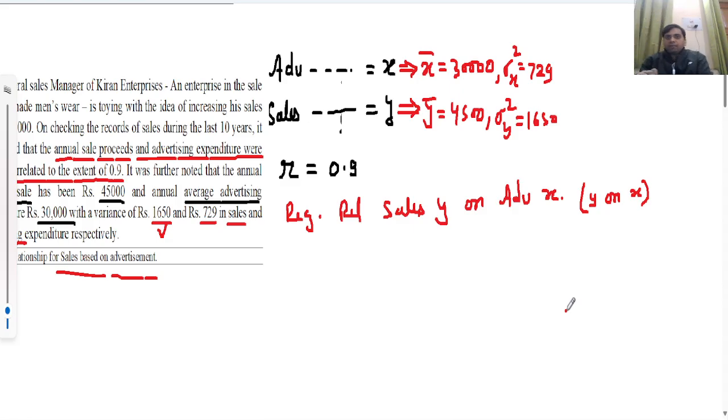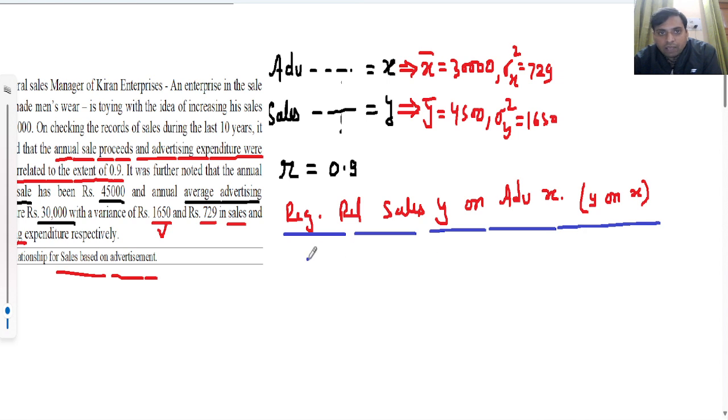So in this case, we have y bar, x bar, we have r, we have sigma y, we have sigma x, and we don't have data in the form of a table. So the Y on X relationship is found using the deviation method.